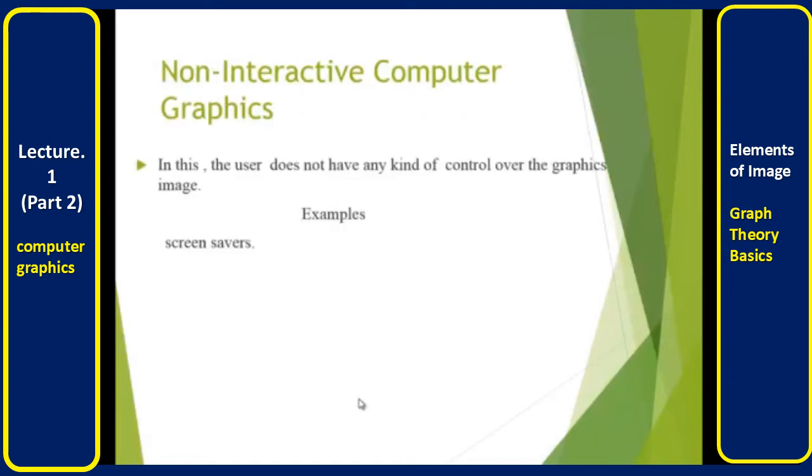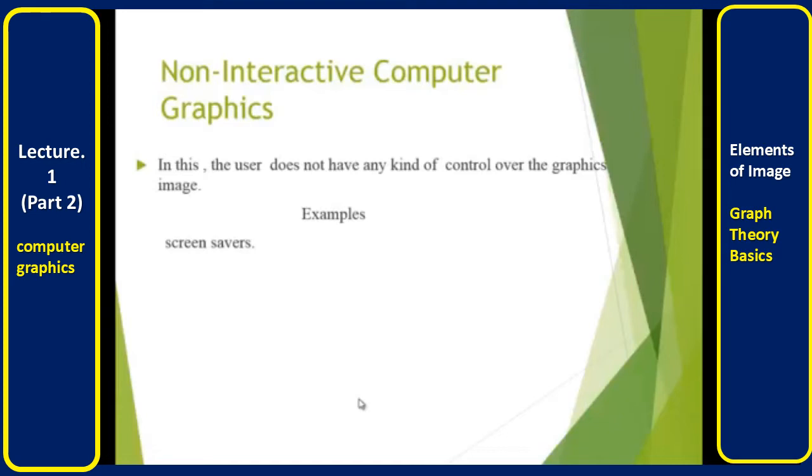And the second type of computer graphics is non-interactive computer graphics. In this type of computer graphics, the user doesn't have any kind of control over the graphics image. Non-interactive computer graphics is also known as passive computer graphics.